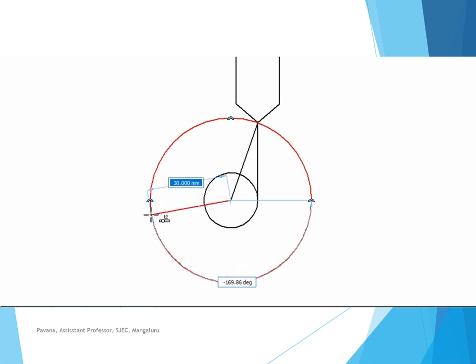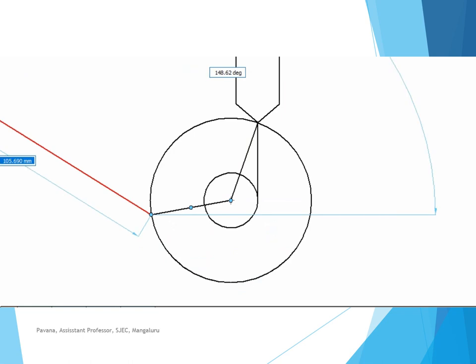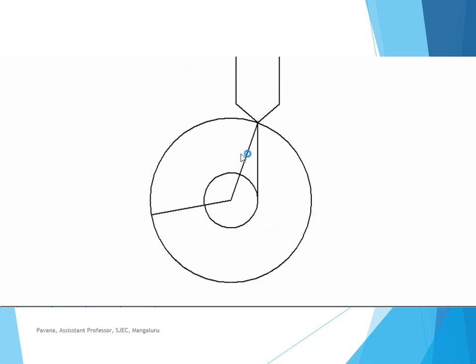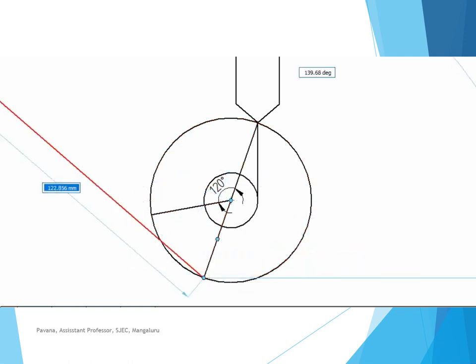So the angle between this line and this line is 120. Second angle 60 degrees. This next line is our reference.